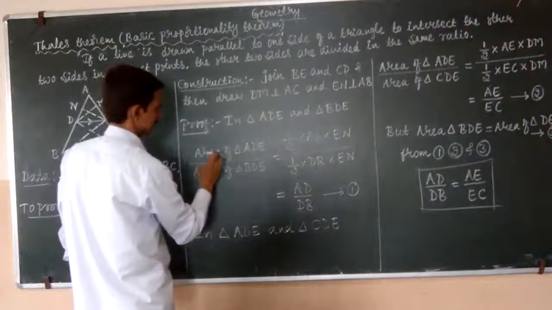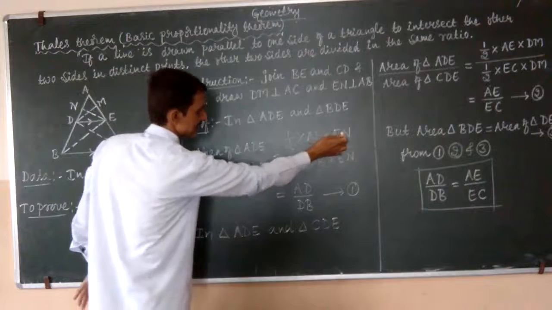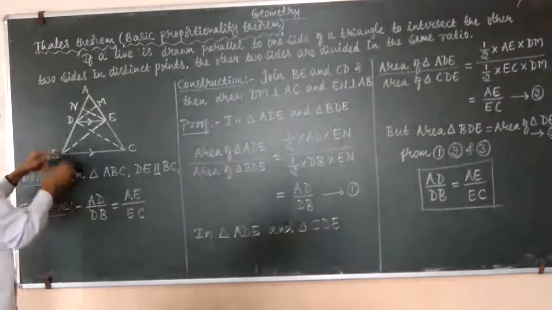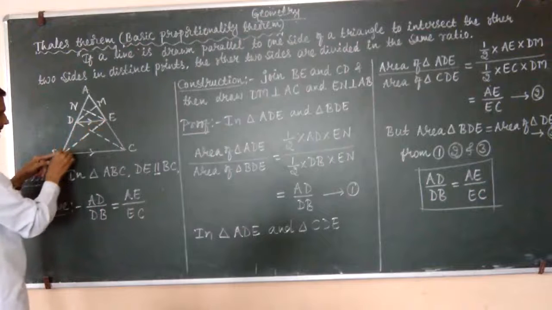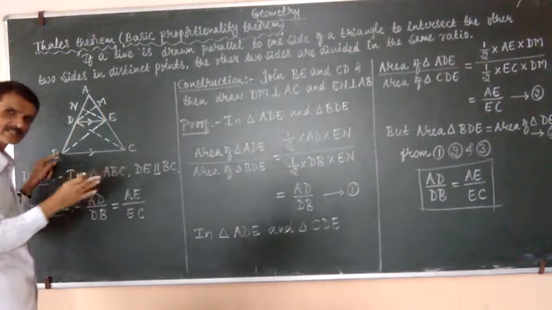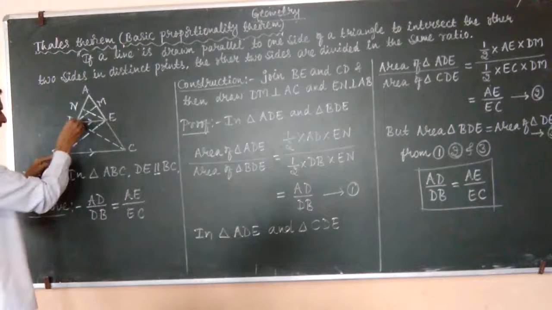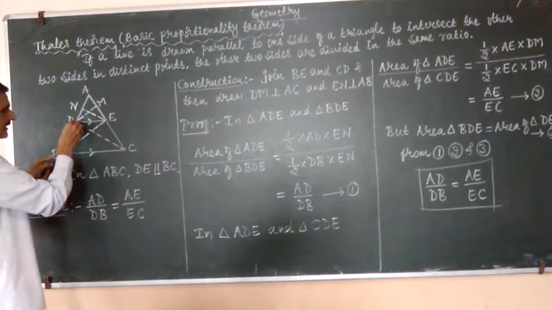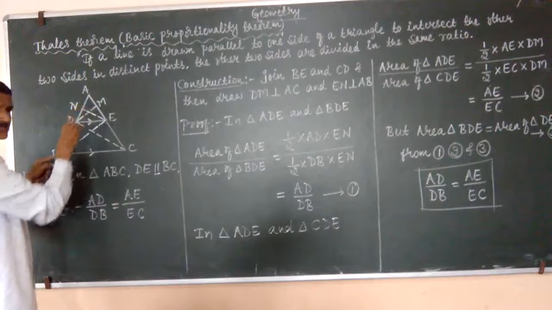Therefore, the area of triangle ADE is half into AD into EN. Similarly, for the triangle BDE, it is half into base into height. Half into, here the base is BD, and the height is EN.